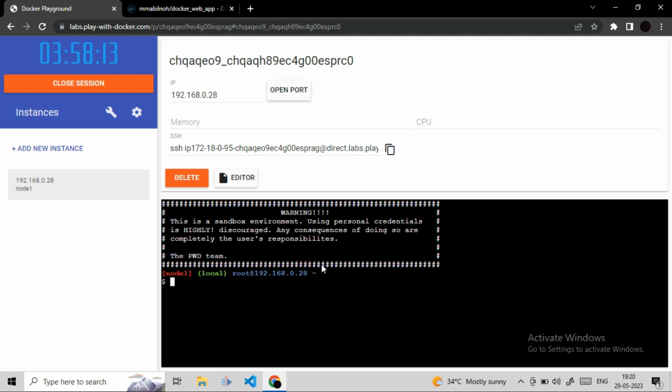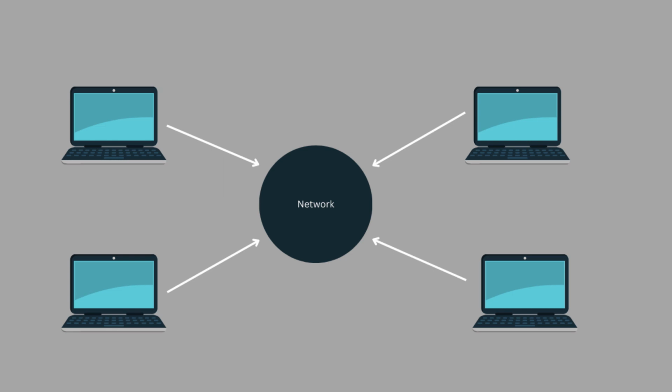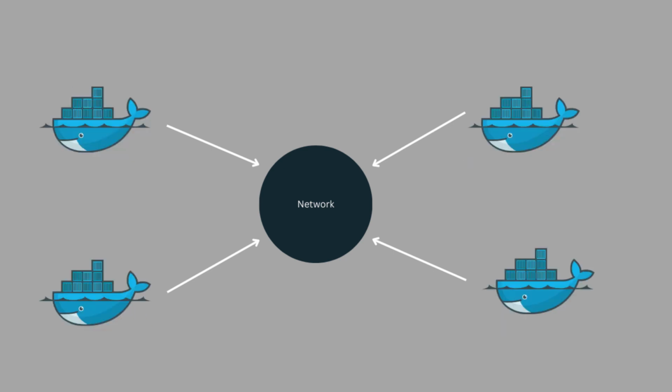But before we run any command, let's take one step back and understand what a network is first. A network is nothing but a connection between multiple devices. For example, if multiple PCs are connected to each other, we call it a network. In a network, computers can share their information and resources and communicate with each other. Similarly, in Docker we also need a network, because one of the properties that Docker offers is isolation.